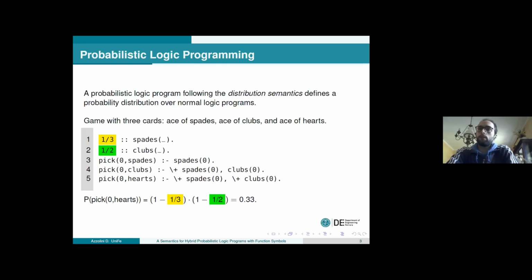Then we have three clauses, so pick 0 spades is true if spades is true, and similarly for the other two. We can compute, for example, the probability of the query pick 0 hearts by multiplying (1 minus 1/3) times (1 minus 1/2), and we obtain 0.33.